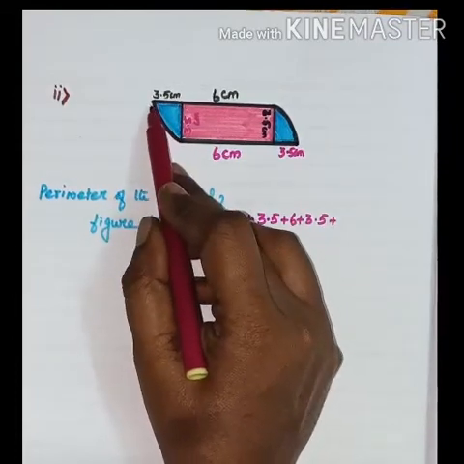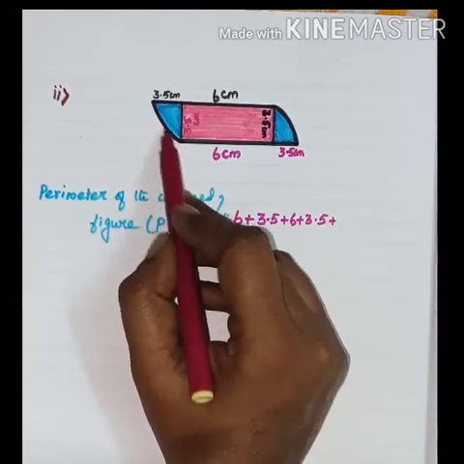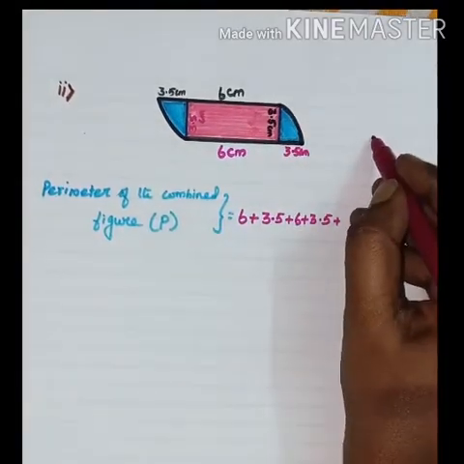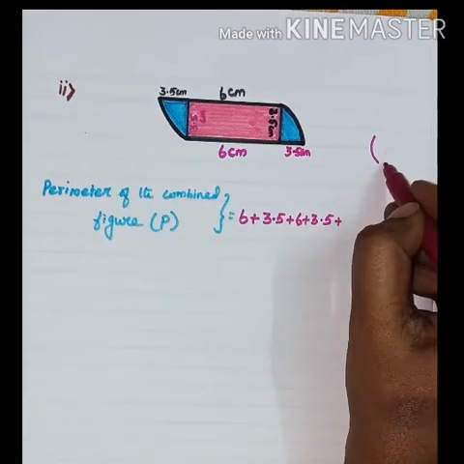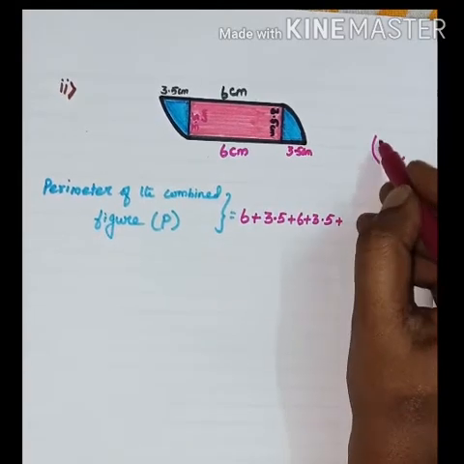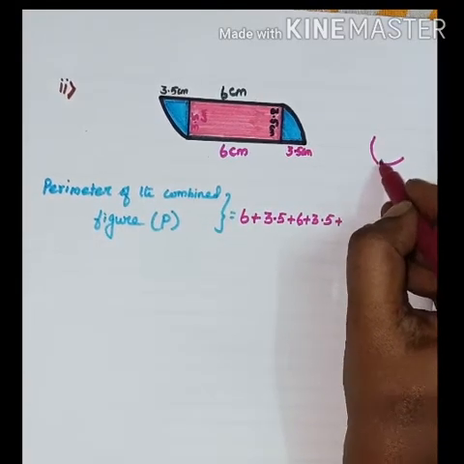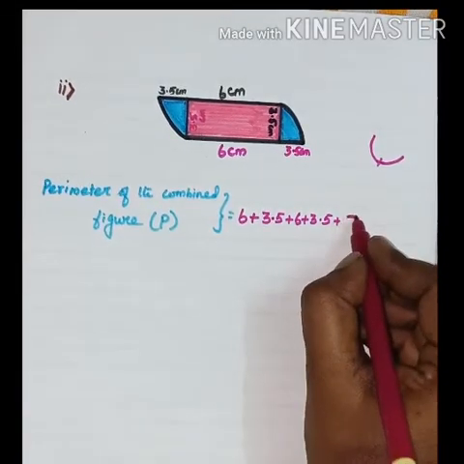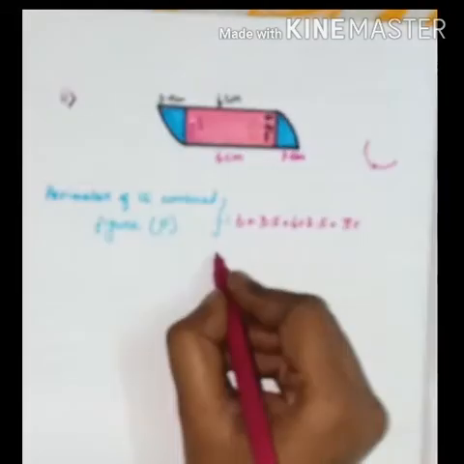This is the curved part of the quadrant. So two curved parts of the quadrant will form the semicircle. That is nothing but pi r.